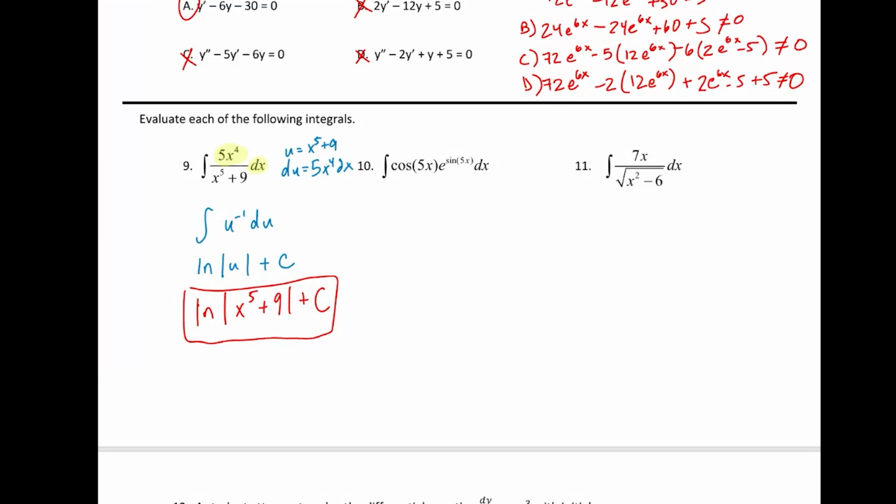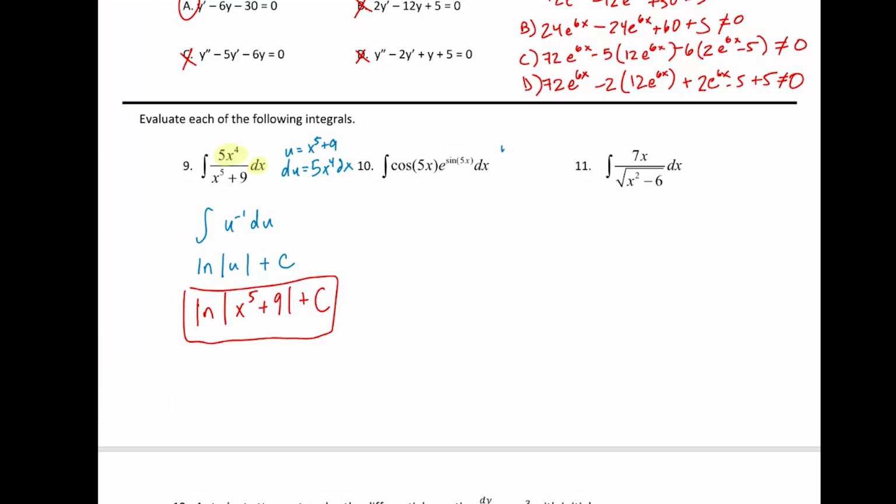For number 10, we've got cosine of 5x times e to the sine of 5x. And so we've got sine x and cosine x. Since cosine is the derivative of sine, I think we're probably going to want to use sine of 5x as our u.